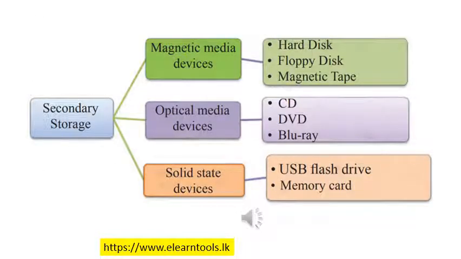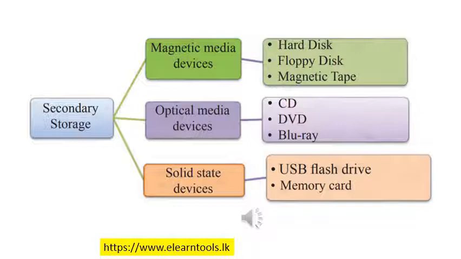There are three main types of secondary storage devices according to the technology. One is magnetic media devices, for example hard disk, floppy disk and magnetic tape. Another type is optical media devices, which use a laser beam to read and write data, for example CD, DVD and Blu-ray disc.